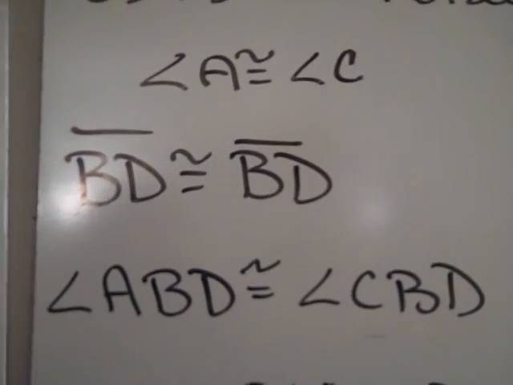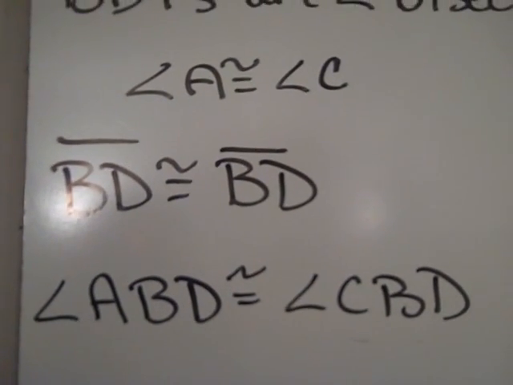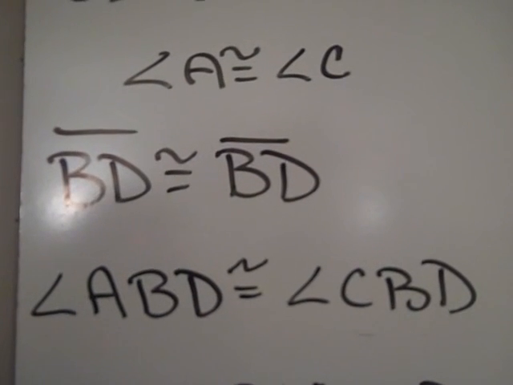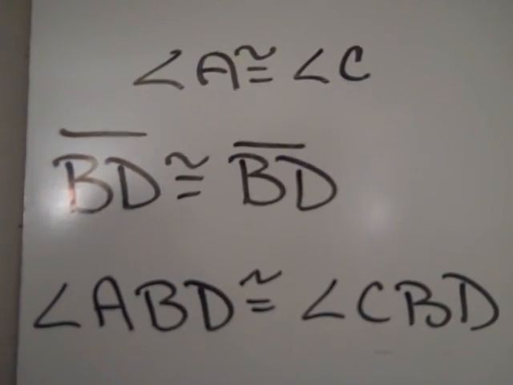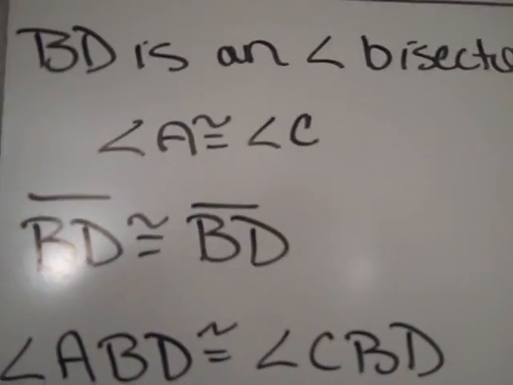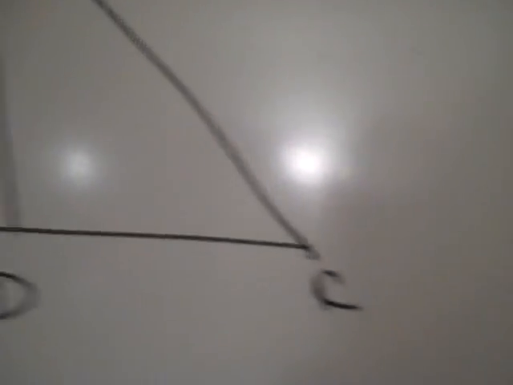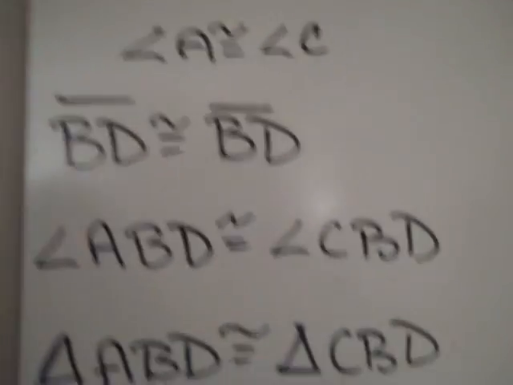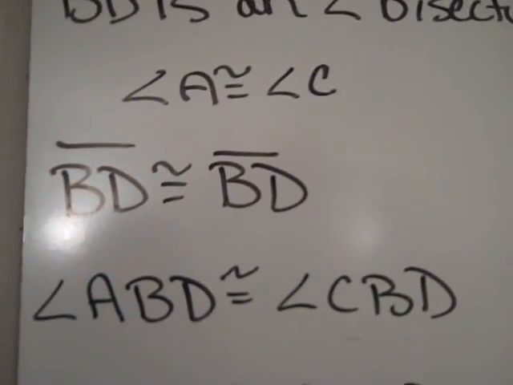I made it a point to put the angles for the same triangle on the same side of my congruency sign. Since angle A and angle ABD are on my triangle on the left, I put them on the left. Since angle C and angle CBD are my triangle on the right, I put them on the right.